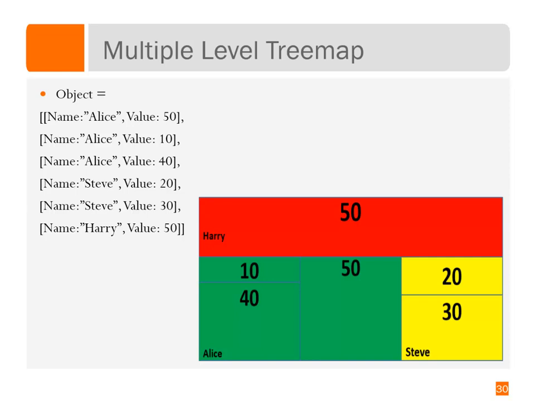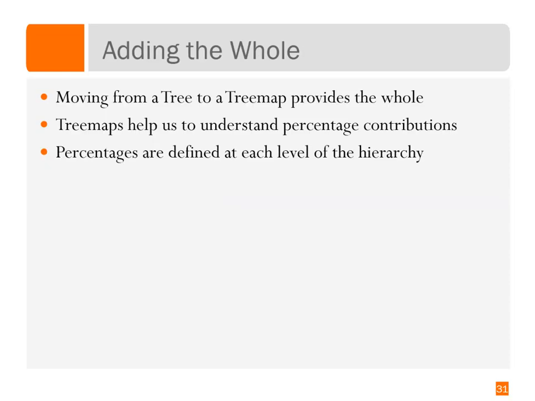And those are all laid out appropriately based on that multi-level tree map. Now remember, this is part of adding up the whole. Moving from a tree to a tree map basically provides the whole, the 100%, everything that's a part of this. So tree maps help us understand percentage contributions very well, where percentages are defined at each level of the hierarchy.